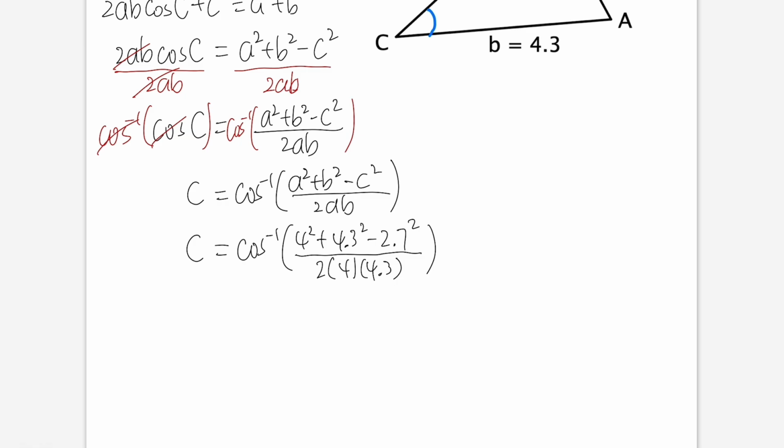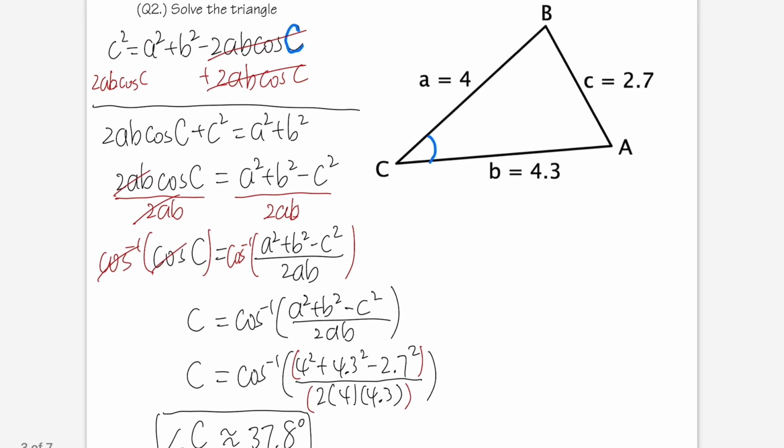Make sure you use parentheses when you enter the whole thing on the top, and likewise use another set of parentheses for the bottom. So 4 squared plus 4.3 squared minus 2.7 squared, and then divided by parentheses 2 times 4 times 4.3. I get 37.75 degrees, but I will round that up. So measure angle C is approximately 37.8 degrees.